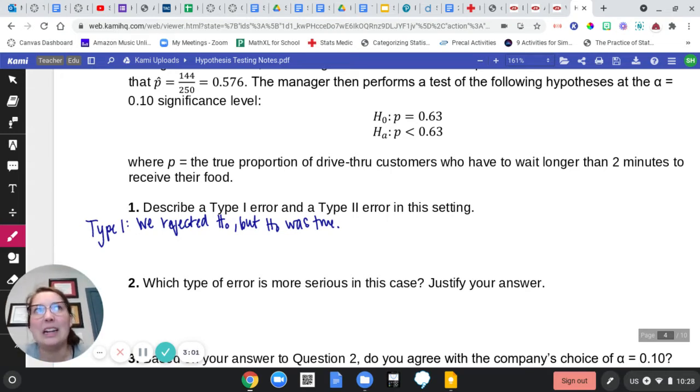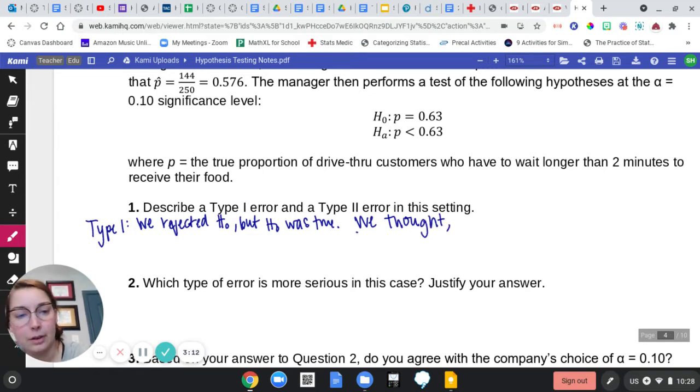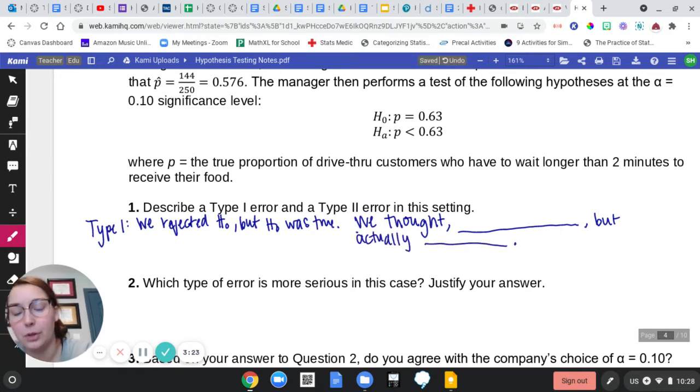I keep saying time, it should be proportion. I like phrasing it like this: we thought something, but actually something. So that's what you would do every time.